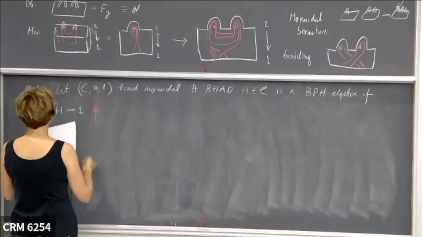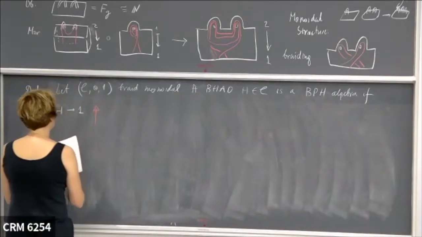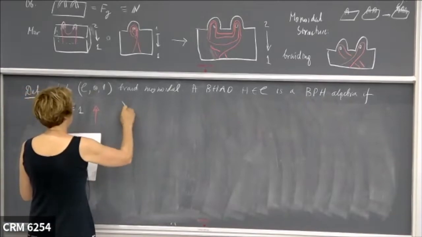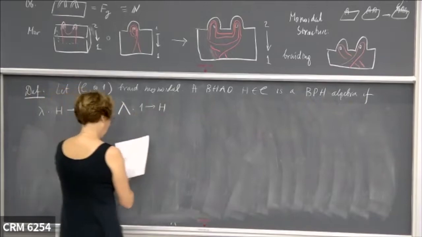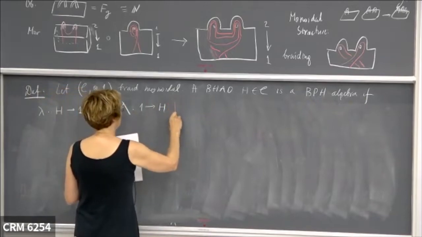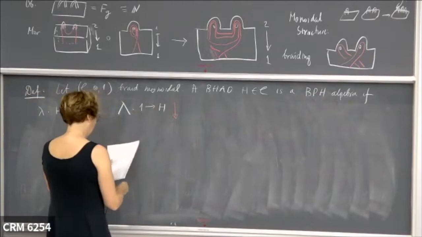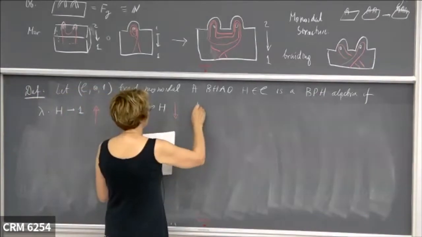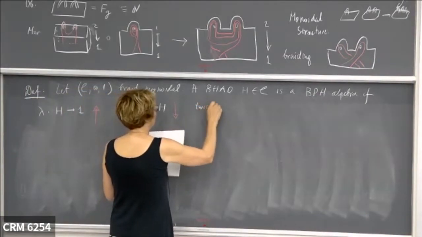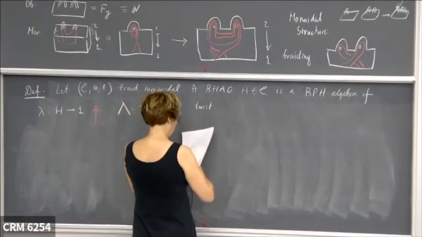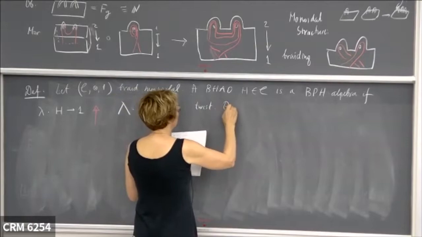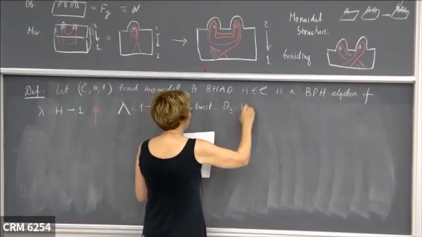This is my integral. Then the co-integral should be a morphism from 1 to H, so it's an element of the algebra. Like this. Then this morphism, or even endomorphism, from H to H.